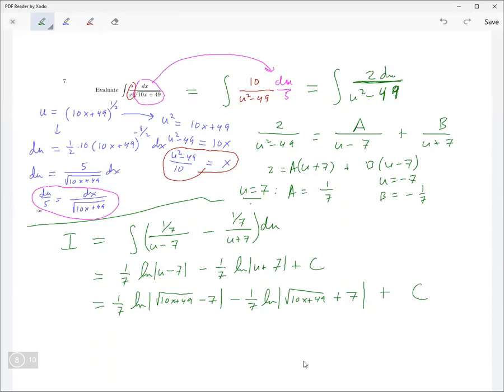And then, this would probably work out as an answer, or you could factor 1/7 out and you'll have log of this minus log of that, and so then you can write it as a fraction.